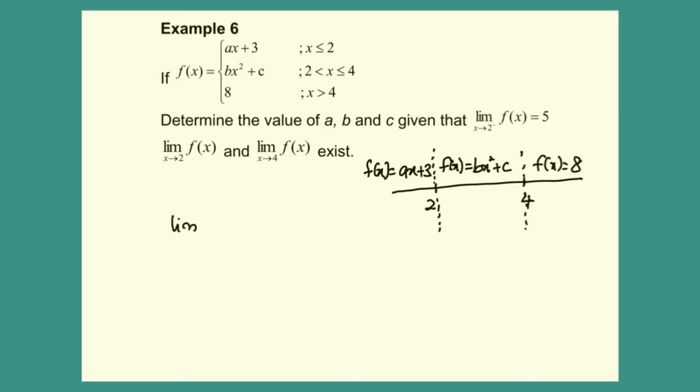Okay, given limit f(x) as x approaches 2 from left equal to 5. Ax plus 3 equal to 5. Substitute x equal to 2. Here is 2a plus 3 equal to 5. And then a equal to 1.